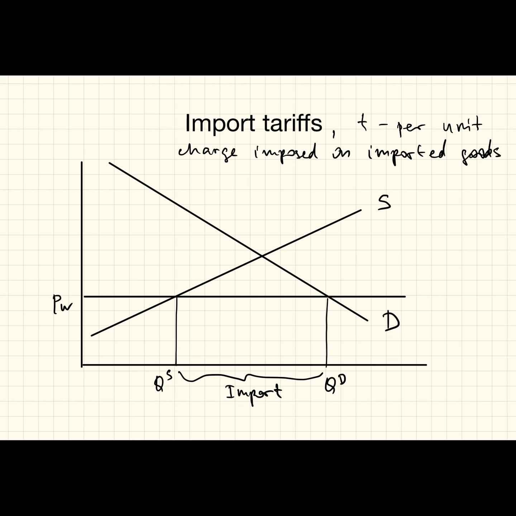So as the government imposes charges on every unit of imported good, it effectively raises its price at the domestic market because it raises cost, right? Whoever is importing this stuff needs to charge more because if they don't, they will go bankrupt.